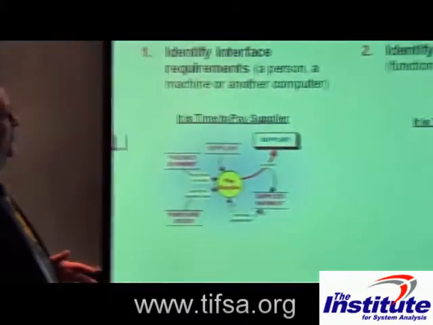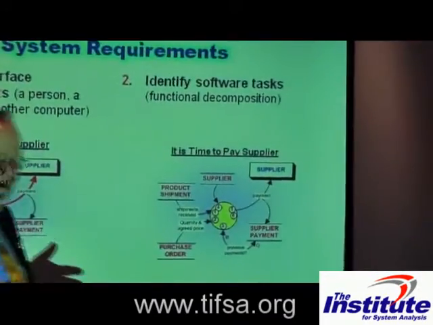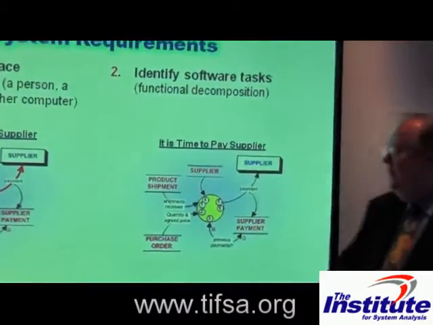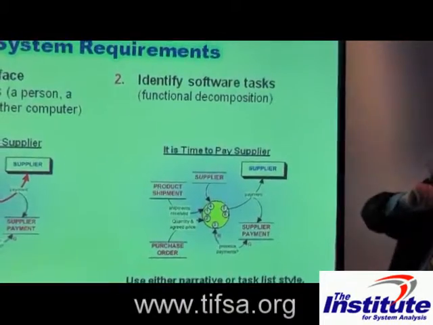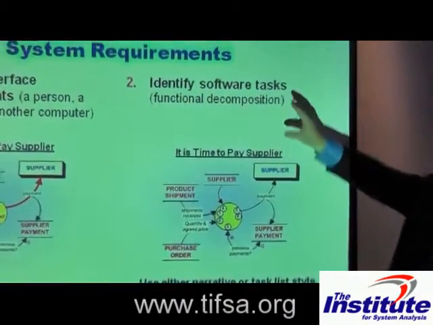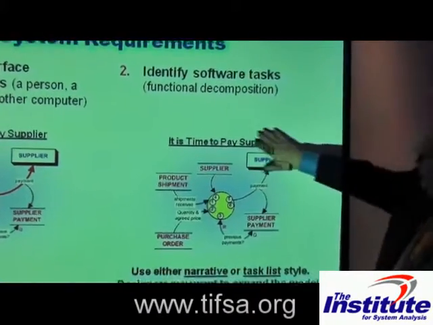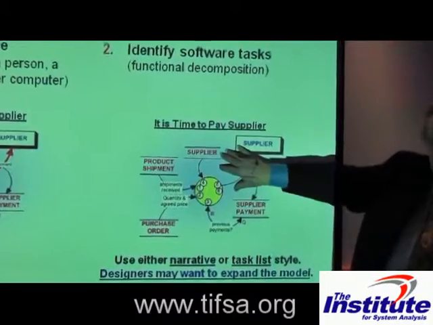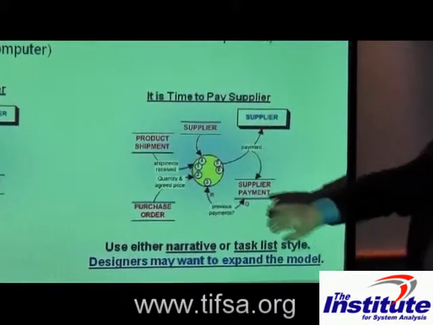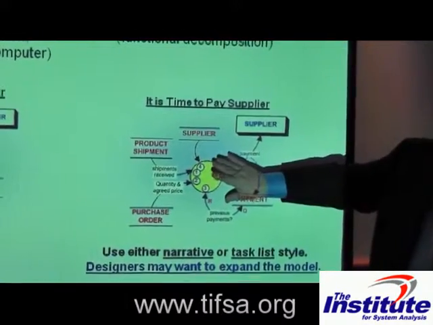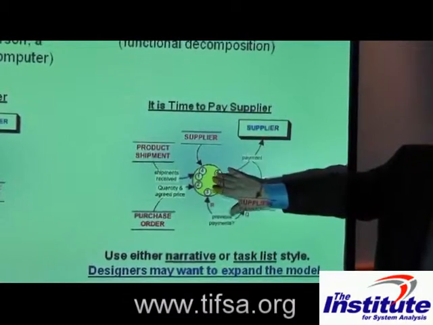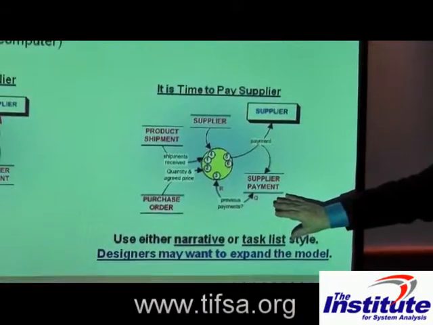The other thing that we need to do is to identify, and cross over here, software tasks. Now, this used to be called functional decomposition. Some people still call it that. But within each process, remember we said that a process consists of a number of subtasks.